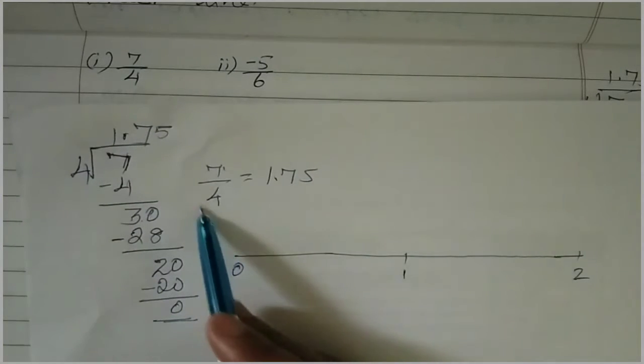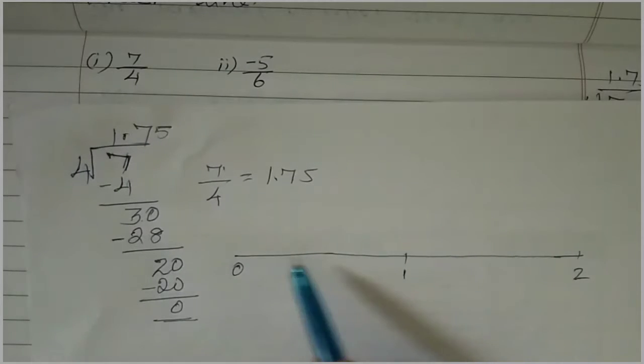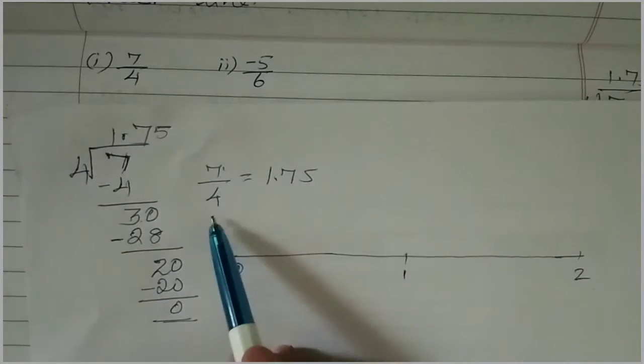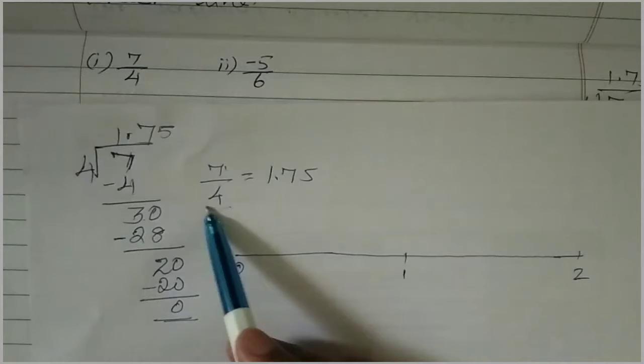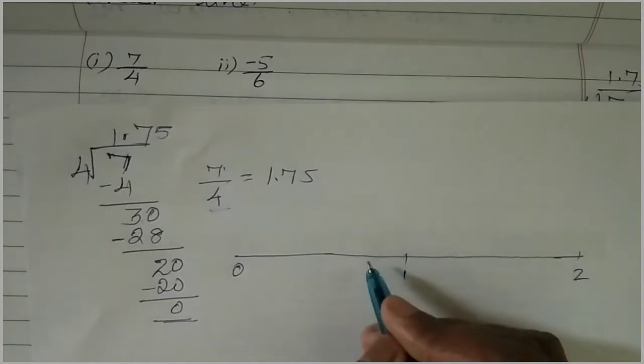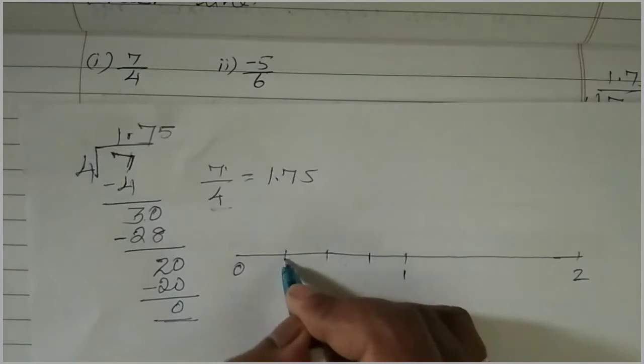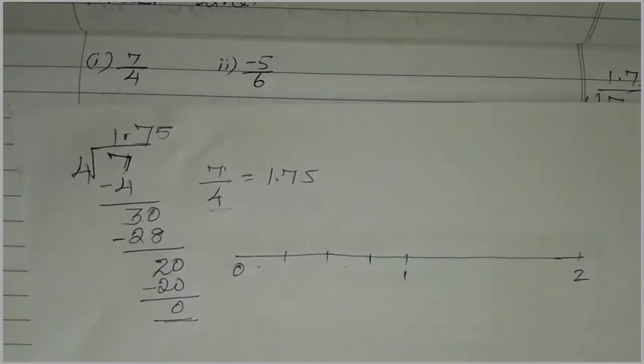Just see the denominator value, 4. According to that, we have to split the portions. 4 is your denominator, which means we have to split this into 4 portions, like this: 1 portion, 2 portion, 3 portion, and 4 portion.